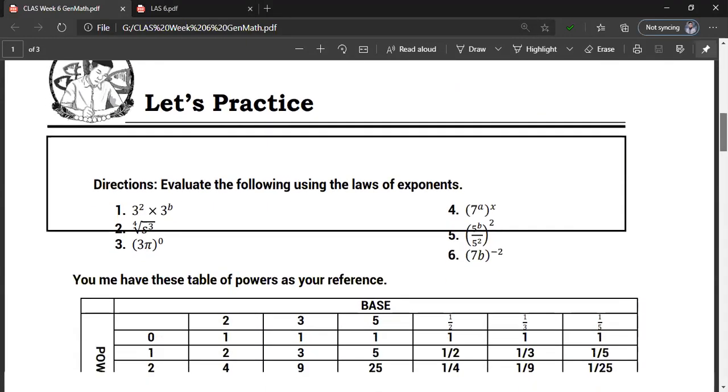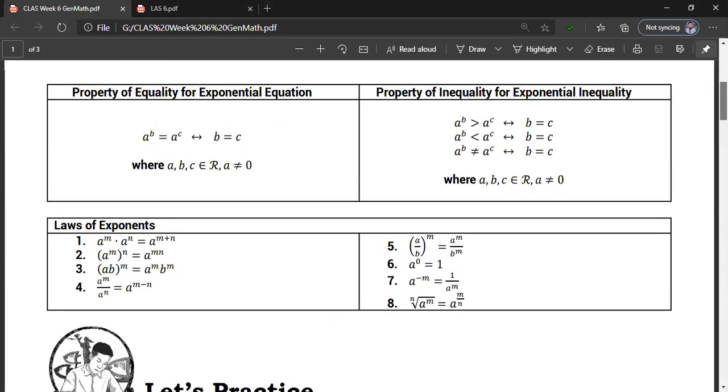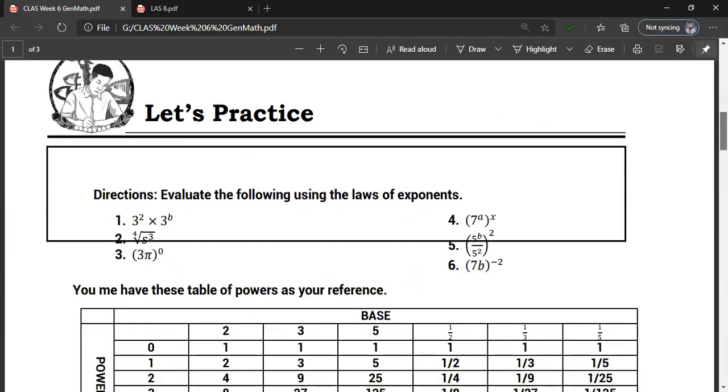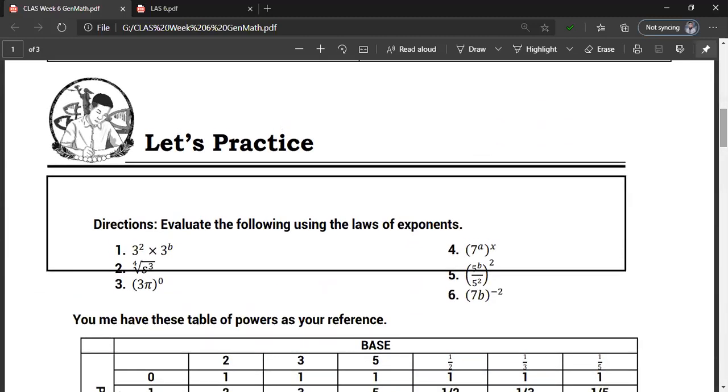So next part po dito, class. Sa class natin, after ng mga laws of exponent, meron tayong let's practice. Sa let's practice, all you have to do is to evaluate those. Kasi nga practice. So pa-practicein natin yung laws of exponents na nasa learning activity sheet natin.